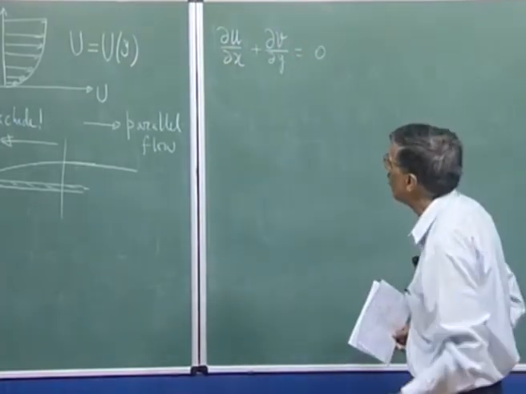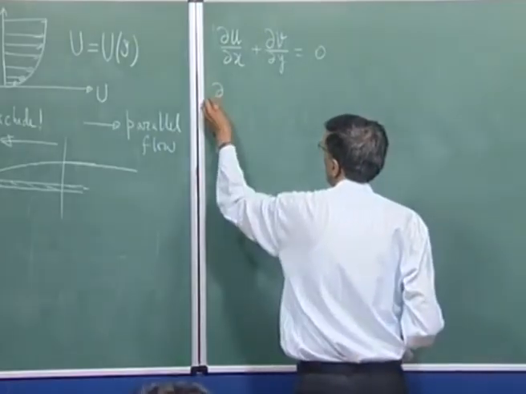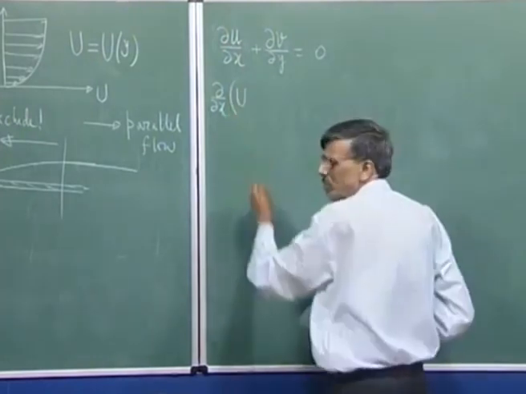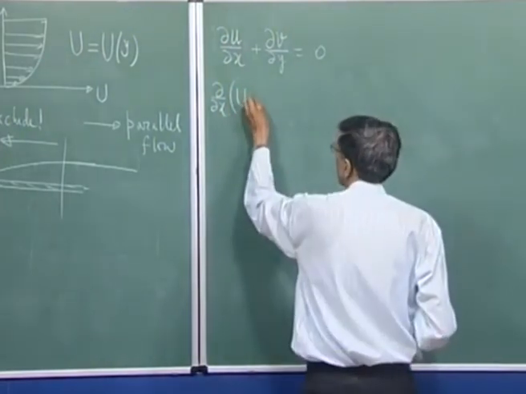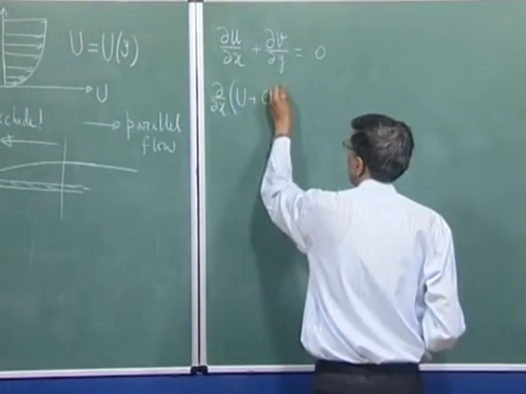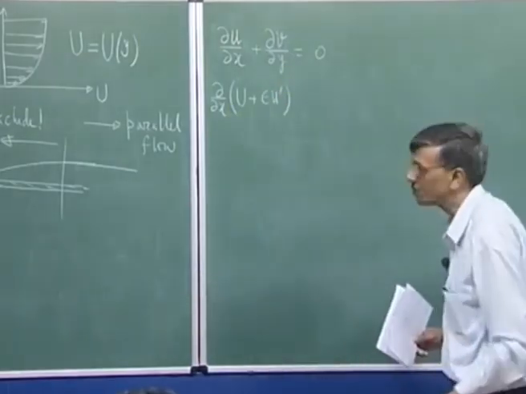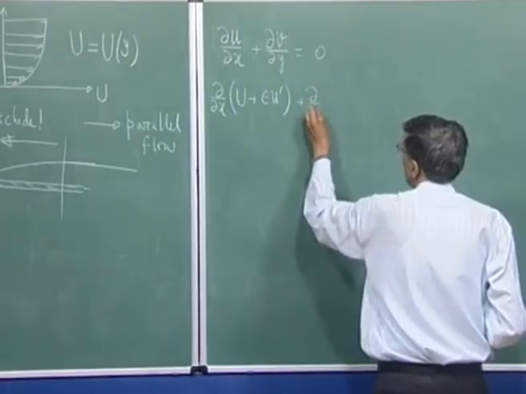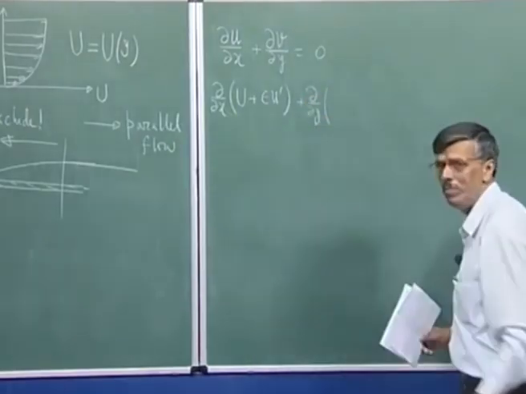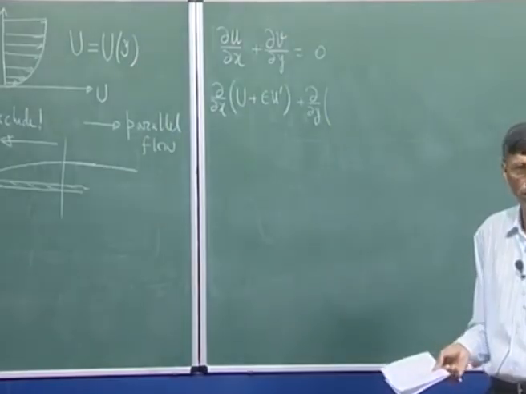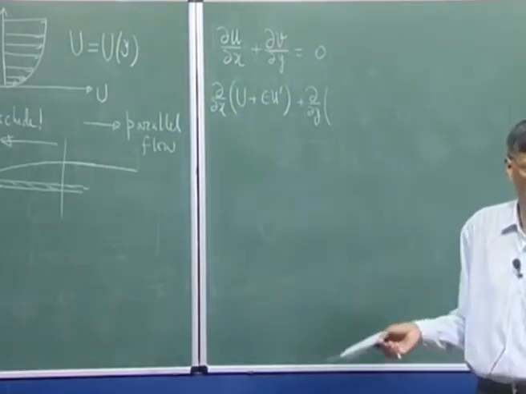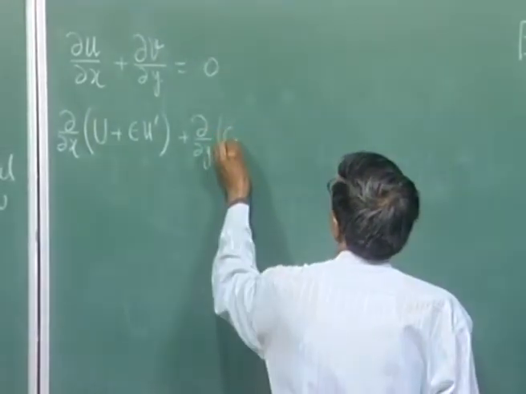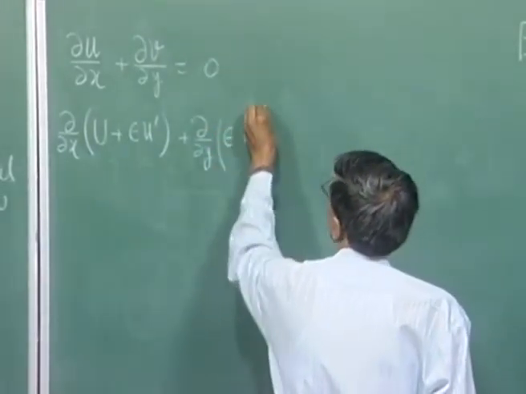All right. Now, what is our u? U is nothing but the mean flow plus the perturbation field. What about v? That does not have a mean component. We are talking about parallel flow. So, the parallel flow cannot have a mean v component, right? So, that's not there. Then we have this.